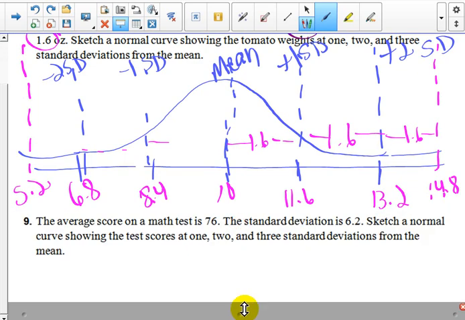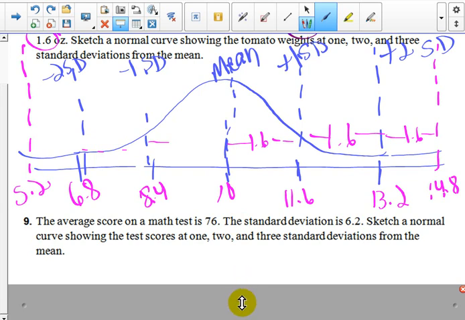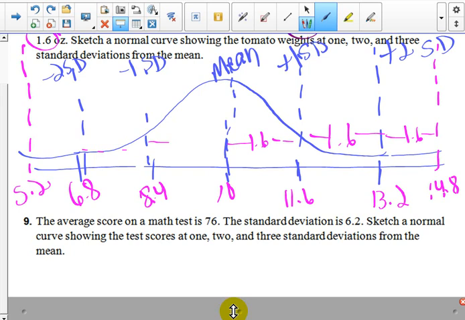All right, let's look at the next question. Number 9 says the average score on a math test is 76. The standard deviation is 6.2. Sketch a normal curve showing the test scores at 1, 2, and 3 standard deviations from the mean. So again, you're going to do the exact same thing using this new data. 76 is the mean and 6.2 for your standard deviation.